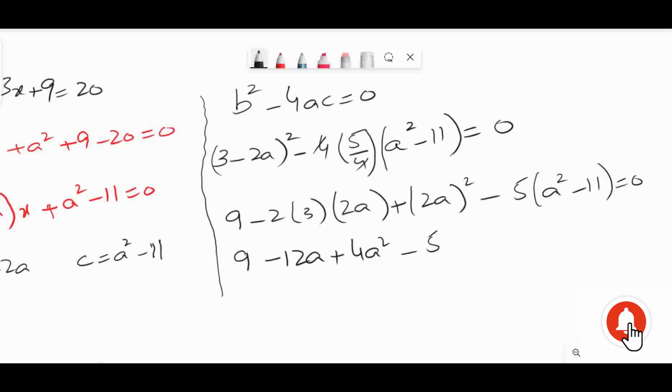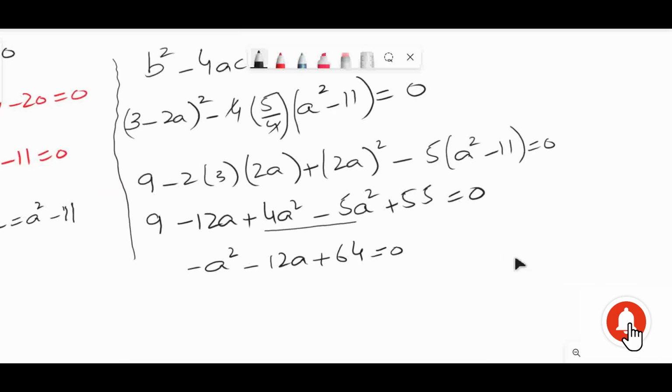Now we can write it as 5a² + 55 = 0. Let's rearrange and simplify it further. So this will be equal to −a² − 12a, and now 55 plus 9, so this will be 64. So −a² − 12a + 64 = 0.